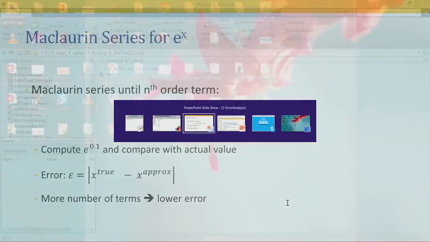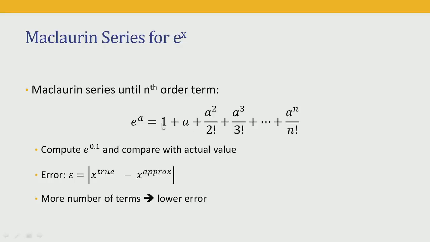Why 1.0? The first term over here is 1, the a to the power 1 term is a, the a to the power 2 term is a square divided by 2 factorial, and so on and so forth. So, if we look at the first term and compare it with the second term, the first term is just multiplied by a divided by 2. If we compare these two terms, it is just multiplied by a divided by 3, so on and so forth.